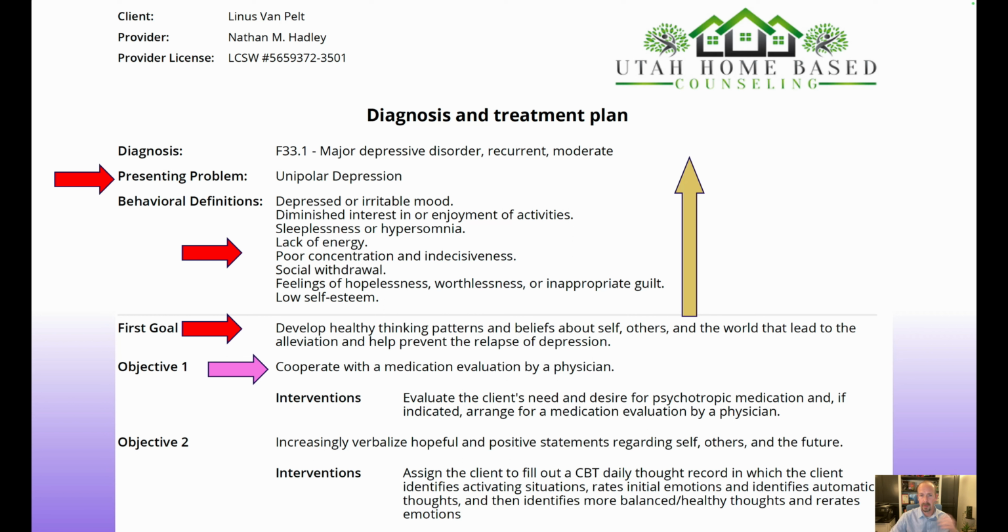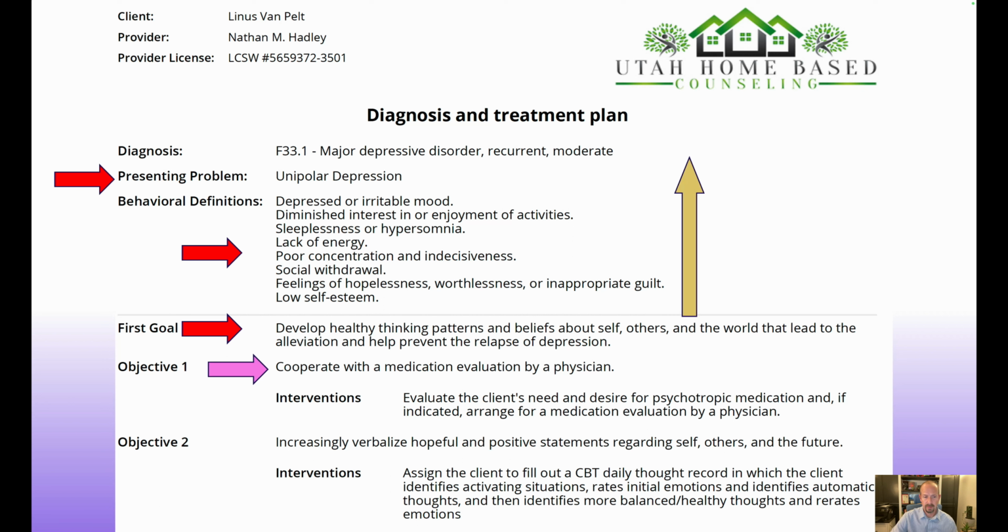As I stated in the previous slides, we need to make sure that the objective will help achieve the goal, which in this case, if they get a proper medication evaluation or a physical from the physician, that will help prevent relapse of depression and lead to the alleviation of depression, hopefully.